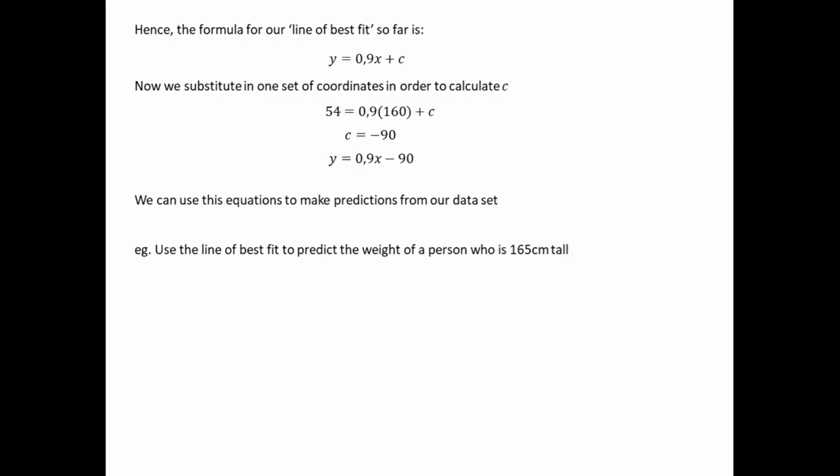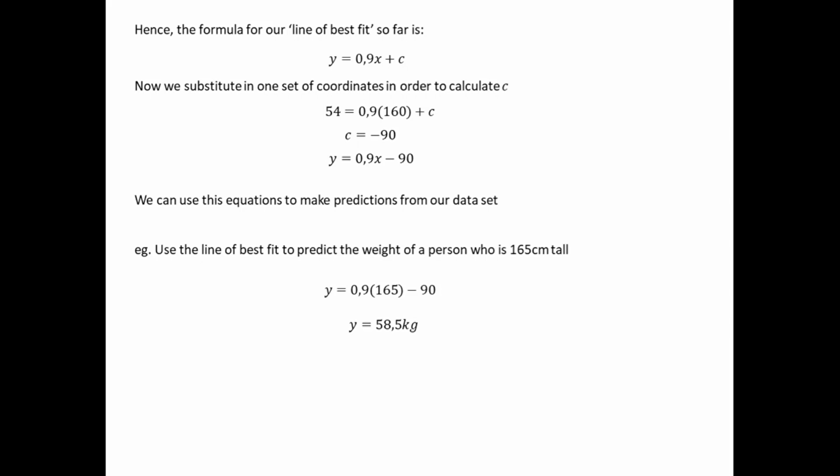So let's do an example from our set of data. We want to use our line of best fit to predict the weight of a person who is 165 centimeters tall. Now, in our set of data, the height was the x values. So we're going to substitute 165 in place of the x in our equation, like that. And we get a weight of 58,5 kilograms.